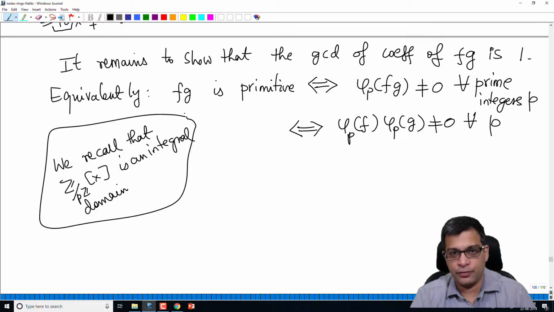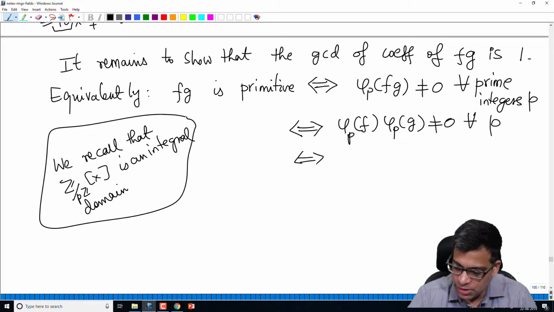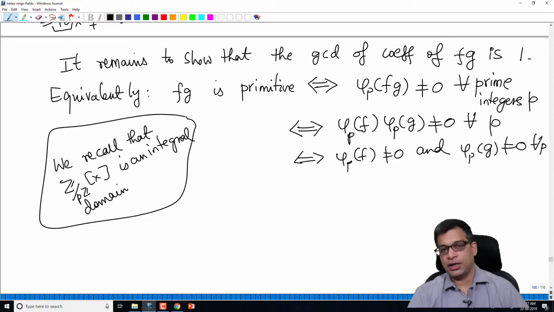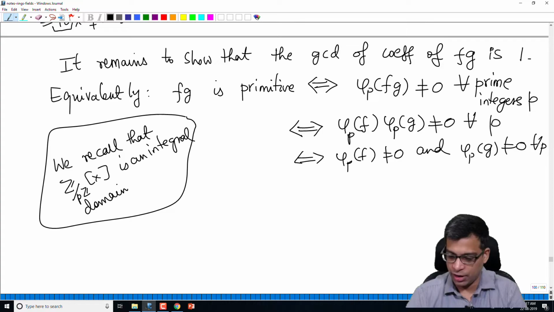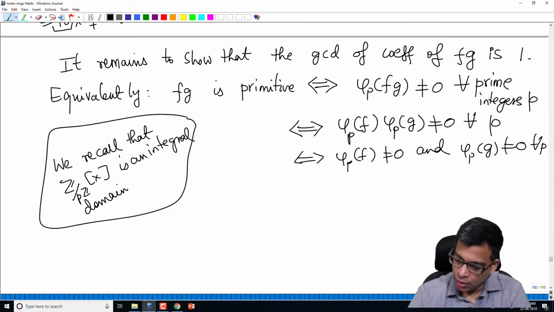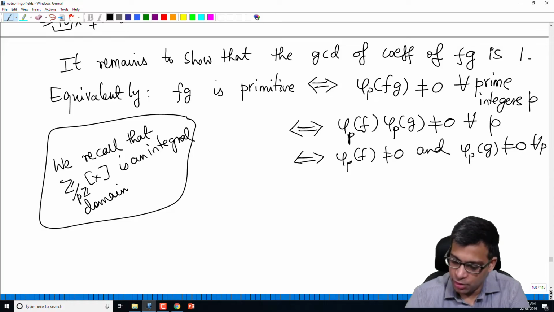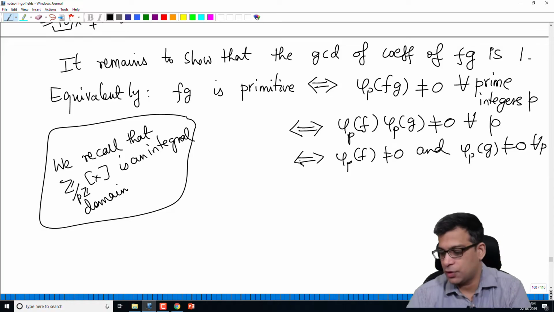It's a simple fact: if you multiply two non-zero polynomials over an integral domain, the product is also non-zero. So in an integral domain, the product is non-zero means phi p of f is non-zero and phi p of g is non-zero for all p. Remember that in an arbitrary ring, two non-zero elements can multiply to 0. So it's not equivalent: product non-zero is not equivalent to the individual factors being non-zero. But in an integral domain, the product is non-zero if and only if the individual terms are non-zero.